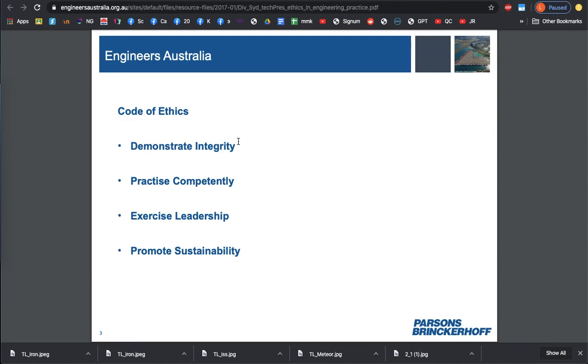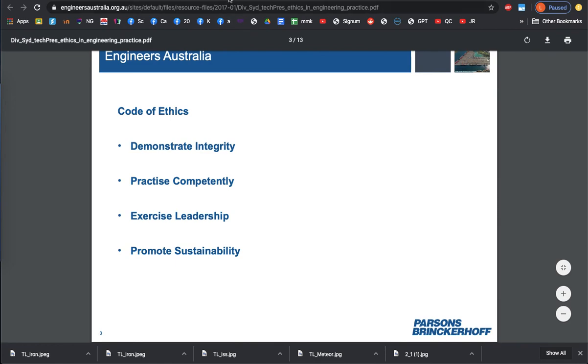That they practice leadership, and they promote sustainability. Leadership, I think, is fairly obvious. It means behaving in a fair and equitable way. So it means thinking about things like not being discriminatory, as an example, behaving honestly. Oh, I guess that's integrity. And then lastly is promoting sustainability, which is acting in a way that minimizes the negative impacts to the environment.